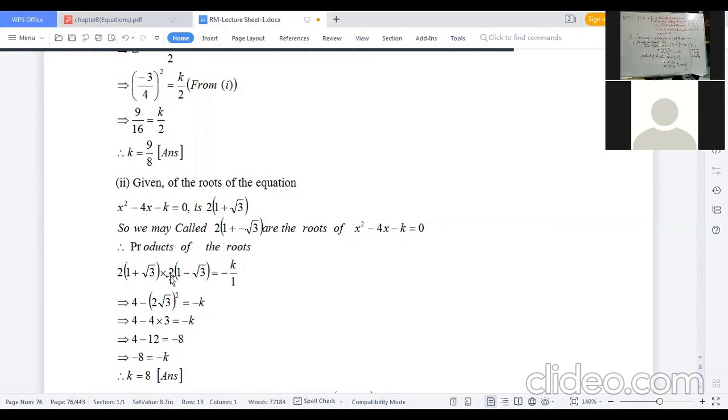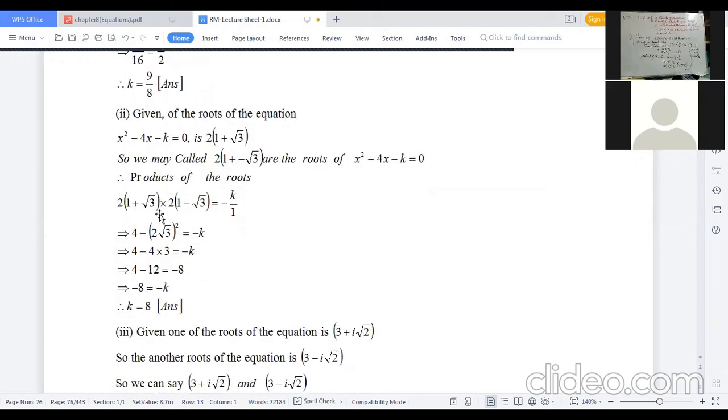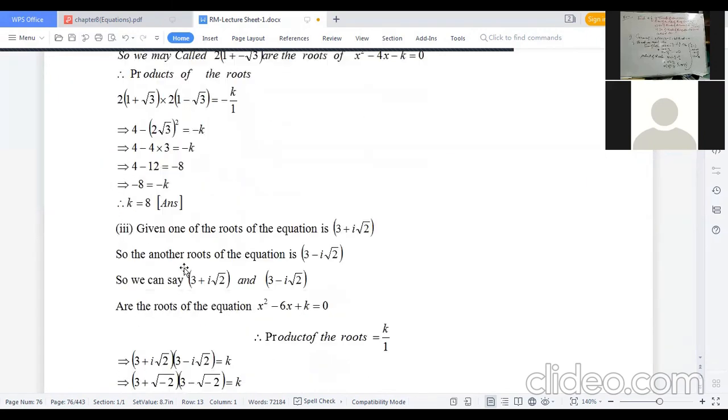So product of the roots, this the first root and this the second root, equals c by a. Here c equals minus k, and a equals 1, the coefficient of x² being 1 and the constant term minus k. So c by a means minus k by 1. Multiplying a plus b into a minus b, the formula a² − b², then we get the k value.